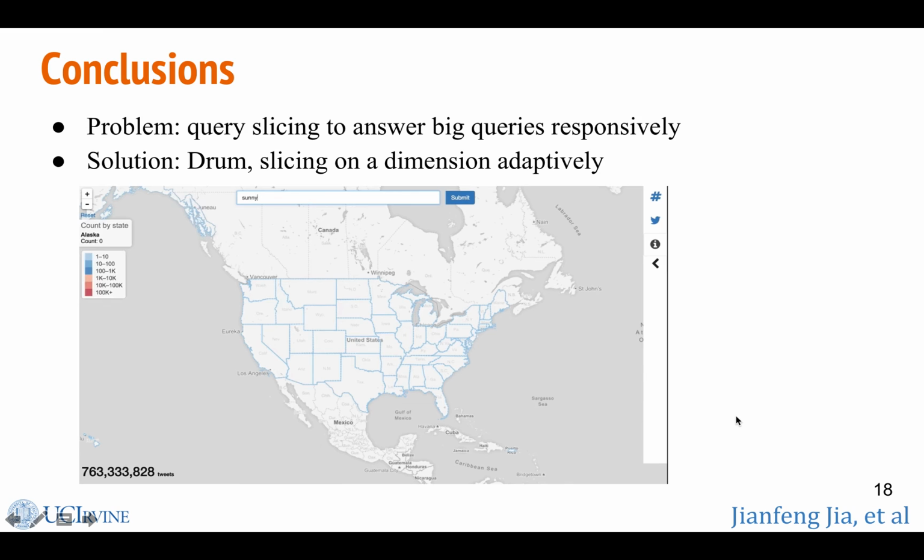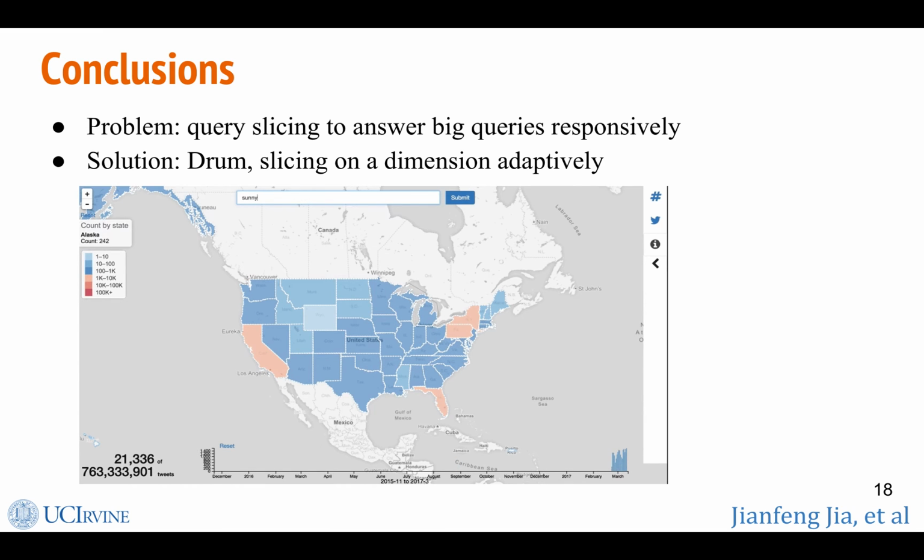In conclusion, we studied and well defined the problem of query slicing to answer big queries responsively, and we proposed a solution, the Drum framework, which can slice adaptively on the dimension. This screenshot or animation shows the user experience of the Drum framework.